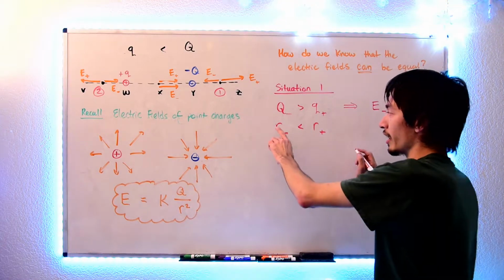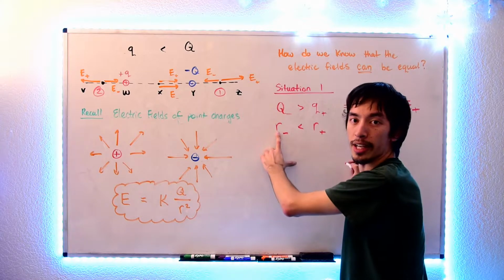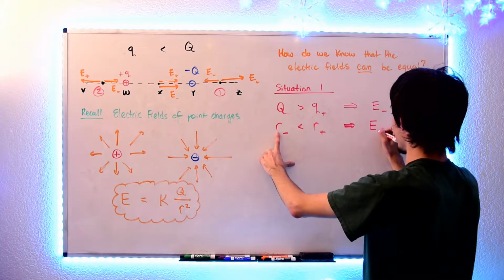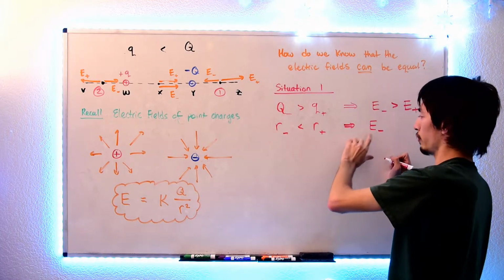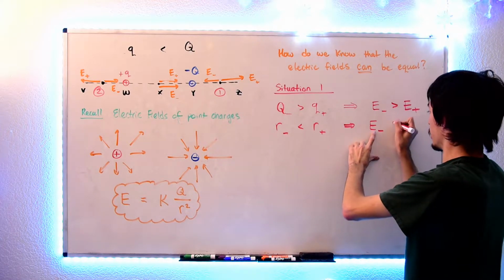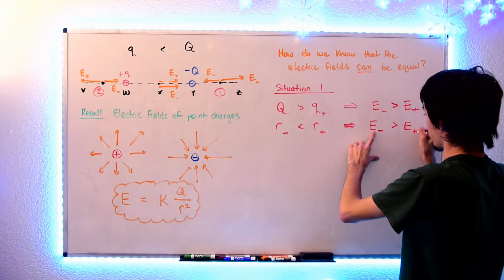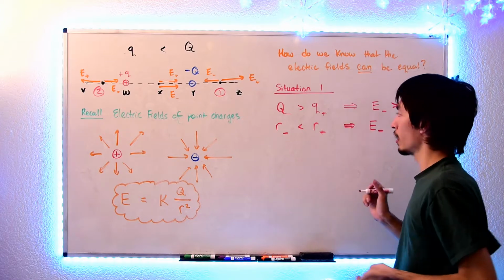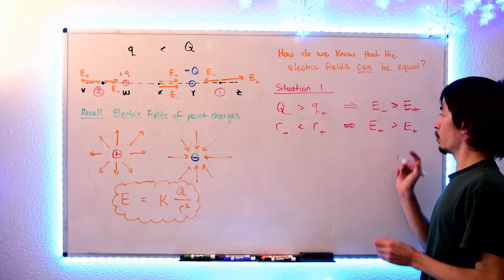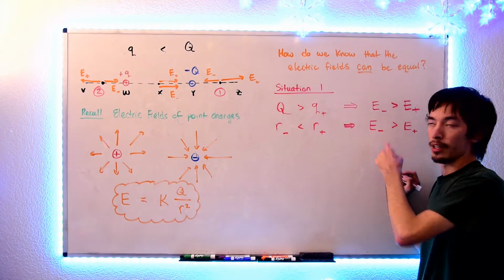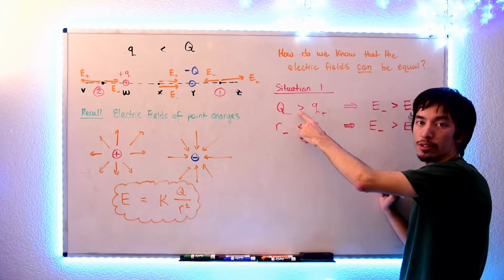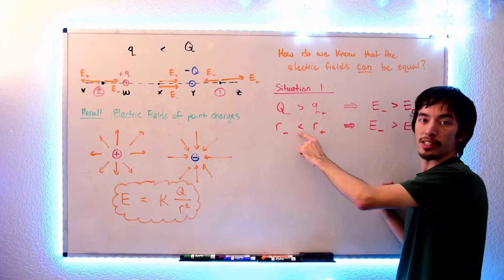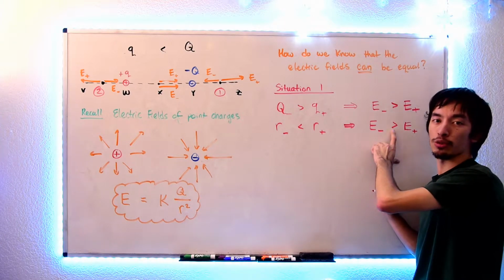So if the distance to the negative charge is smaller, that actually means that it makes the electric field bigger. So the electric field from the negative charge is larger than the electric field from the positive charge, only based on which is closer. Okay? So we have two statements now, and they both actually say the same thing. So by only looking at the charges, we find that the electric field from the negative charge is larger. By only looking at the distances, we find the same to be true.